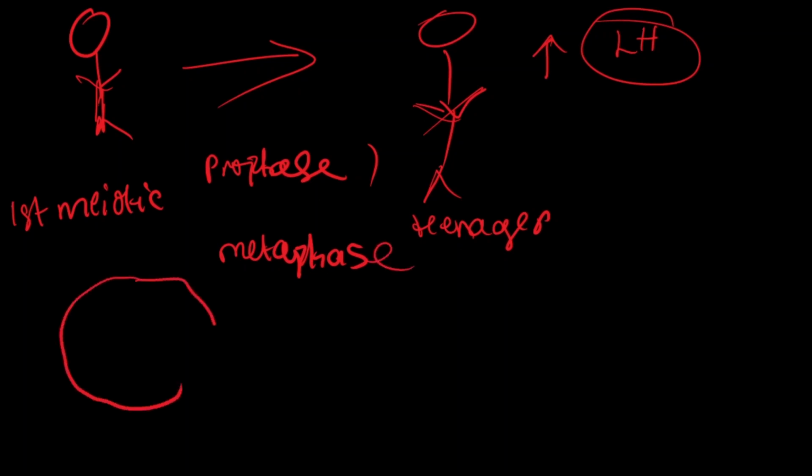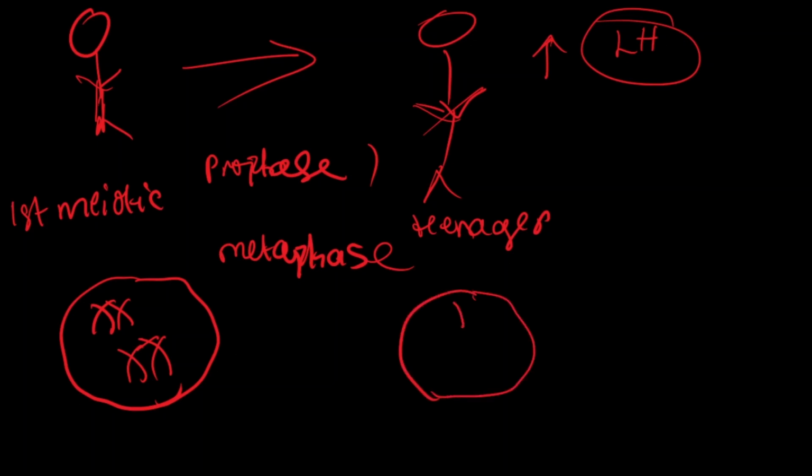Remember, the cells stopped at a bivalent, so we had bivalent homologous chromosomes like this. What happens at metaphase is that these homologous chromosomes come together. Of course, our spindle fiber has already been formed.